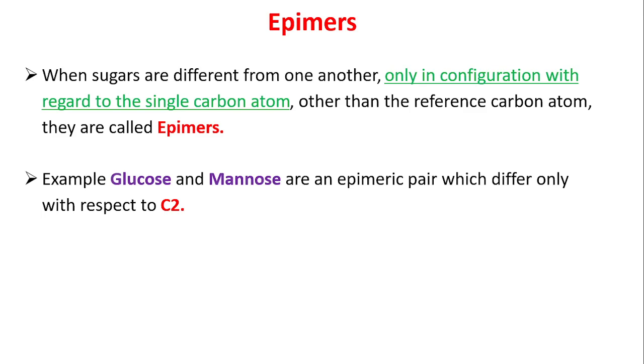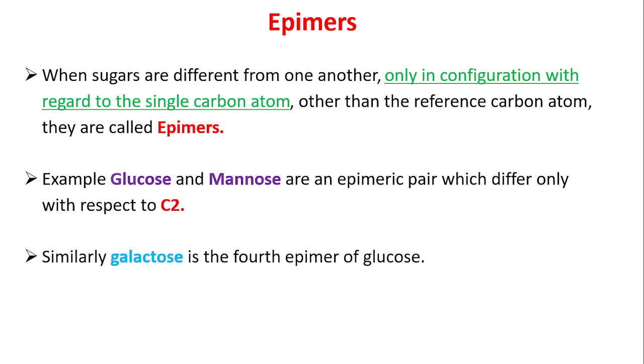Mannose is an epimer of glucose, and they only differ at carbon number 2. Take note of the number of the carbon. Carbon number 2. That's where you can see the difference between glucose and mannose.